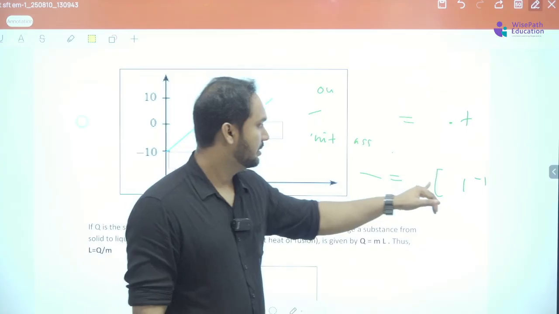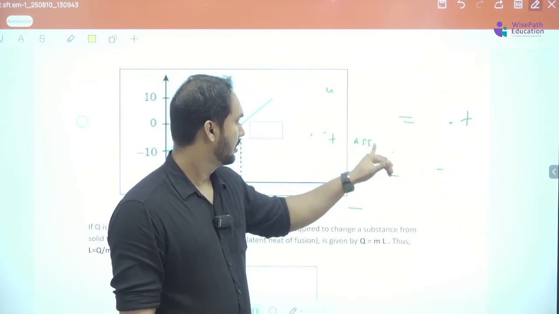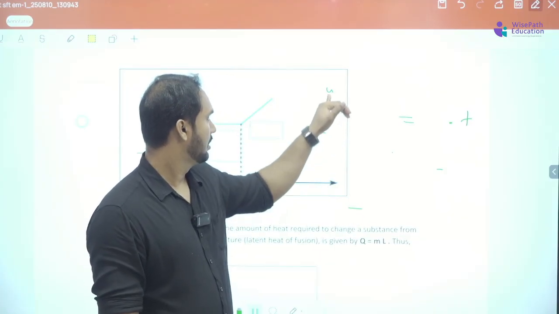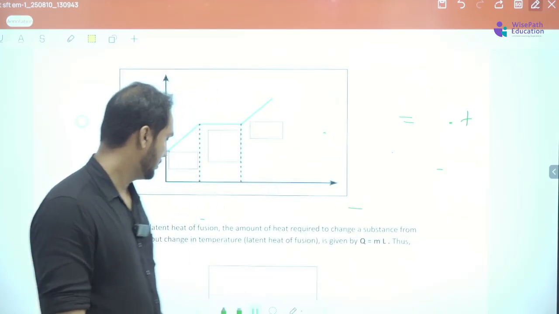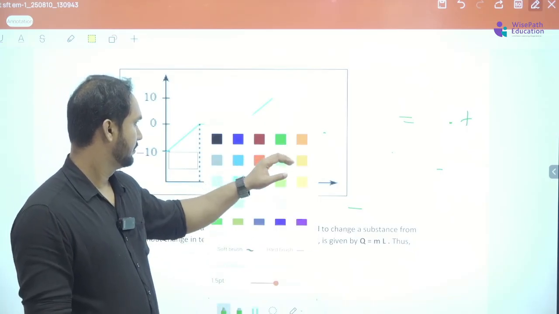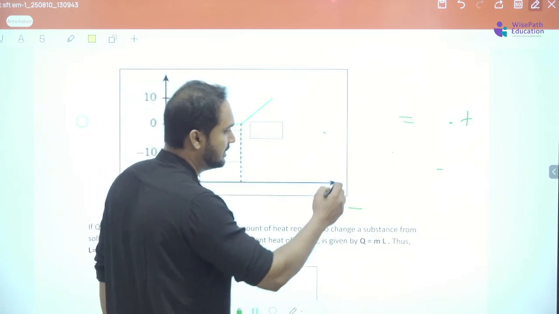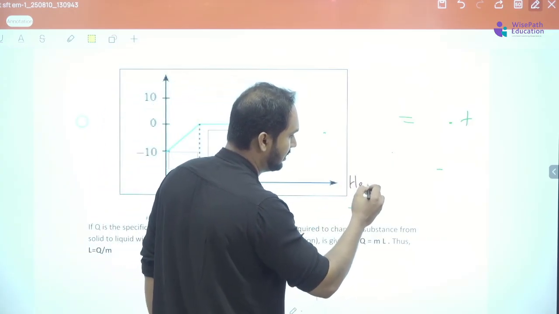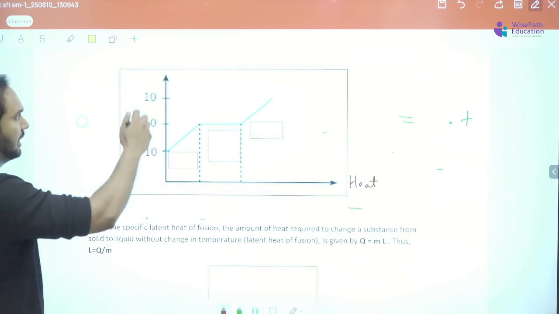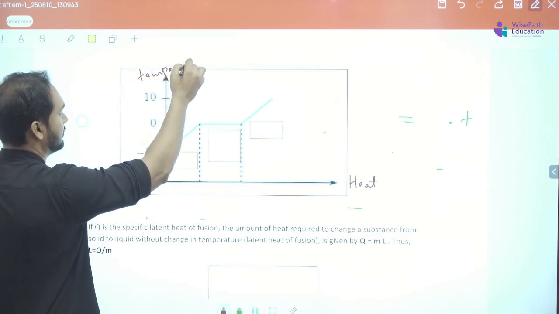Now shall we label the two axes? Right, so take this one. Now this is heat, the applied heat, and this is temperature, the y-axis.